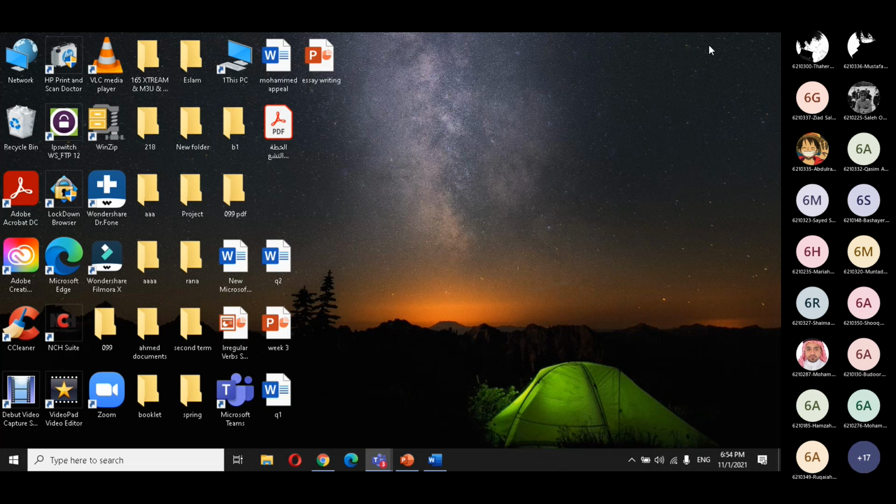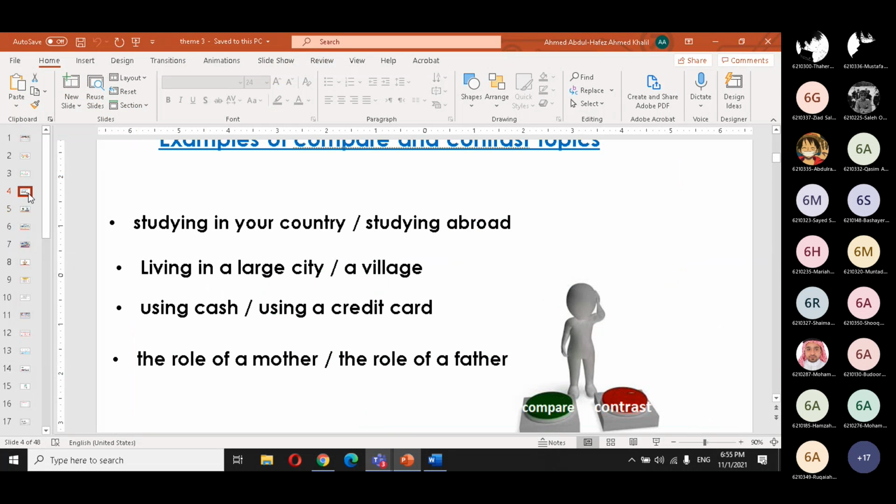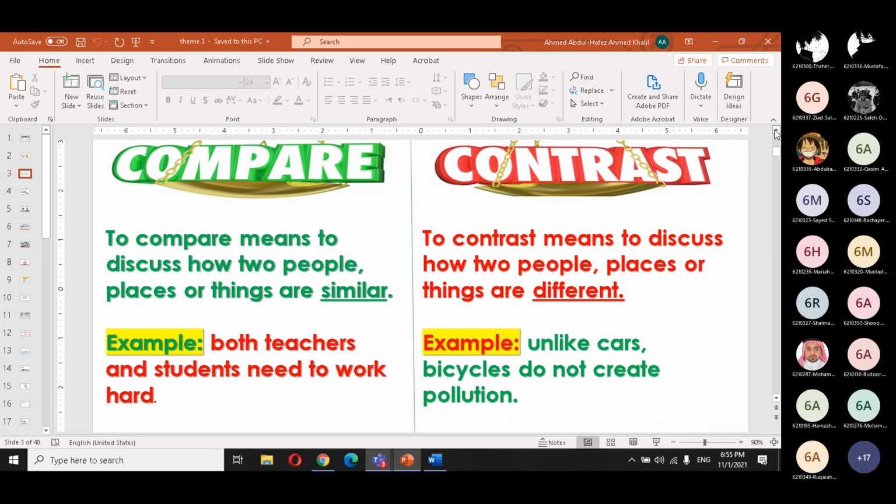Okay, so again, let us go back again. We said when you compare, you show that two things or two people are similar. When you contrast, you show two things are different.